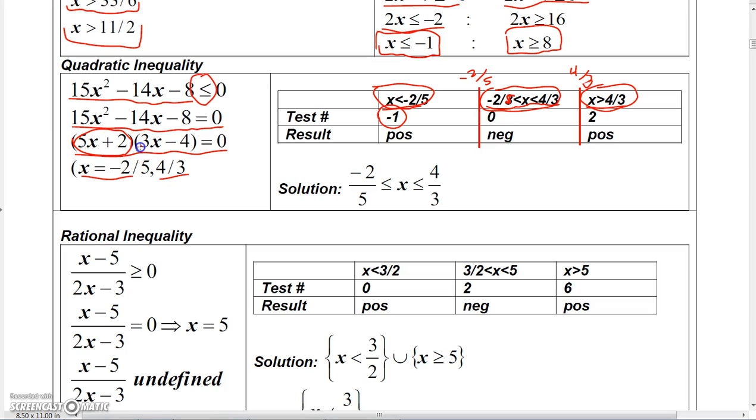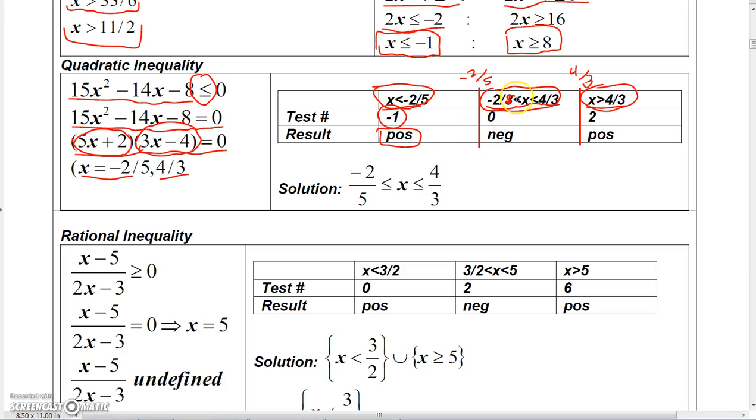And if I plug negative 1 into this term, I get negative 3 minus 4, which is negative. A negative times a negative is positive. So all the values less than negative 2/5 make this expression positive, and obviously those are not the answers I'm looking for.